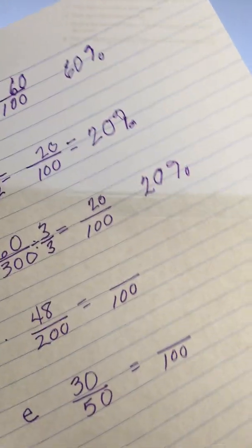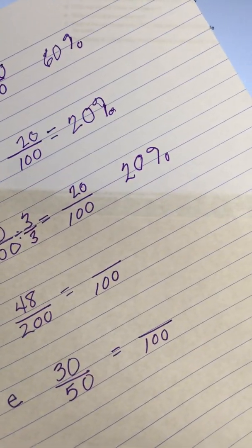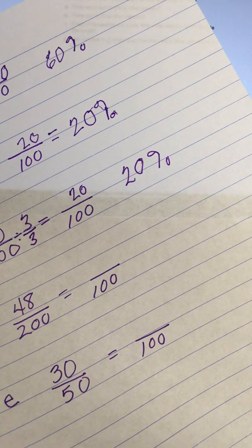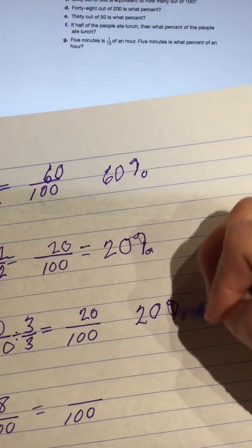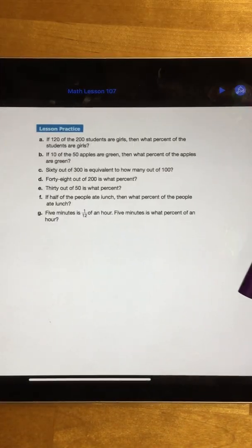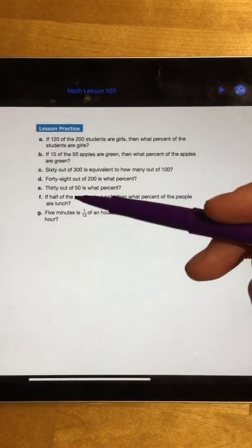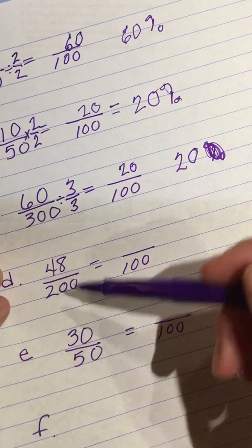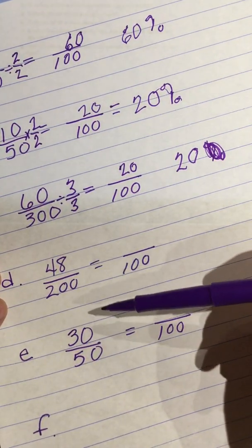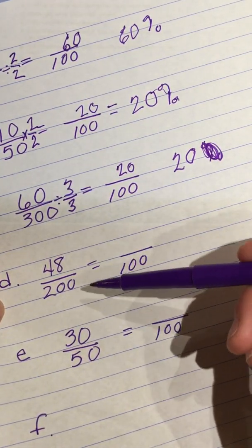The next problem is going from, it's actually not a percent because you're finding how many apples. It's 20. My next problem will be going from, let's see, C is 48 out of 200 is what percent? All right, so I have a 200 for my denominator and I have a 48 for my numerator. So I need to find out 48 out of 200.